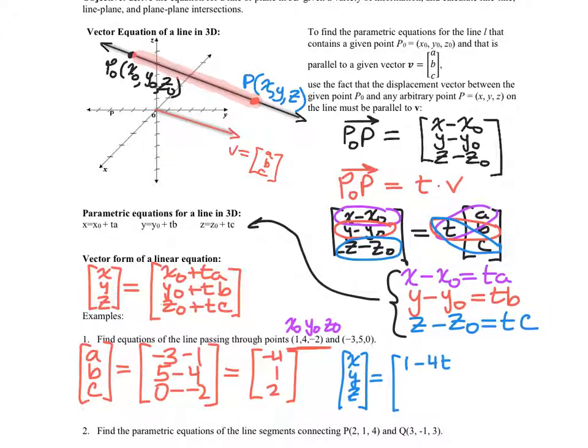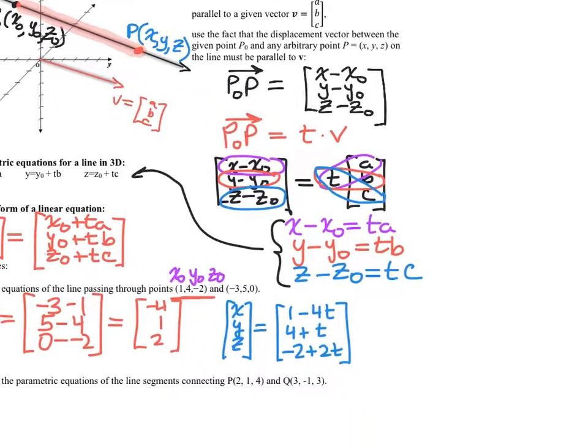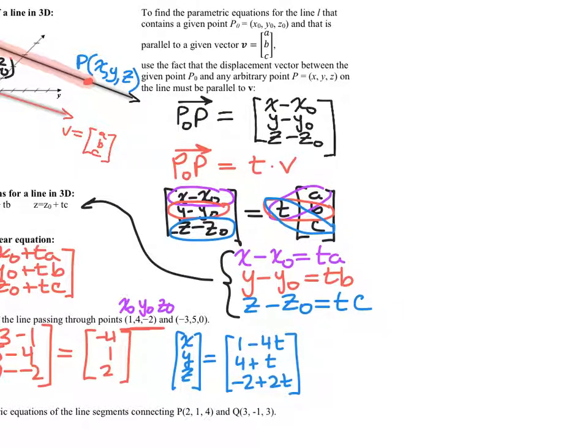And we could say 4 plus 1t, or 4 plus t. And then the z value, the z sub o, is negative 2, so negative 2 plus 2t. All right, so that's one way to do it. Now it's the vector form. You could also write it in parametric form.